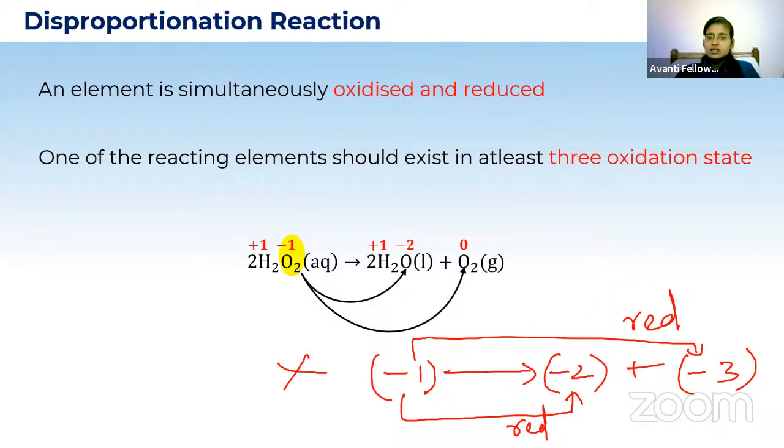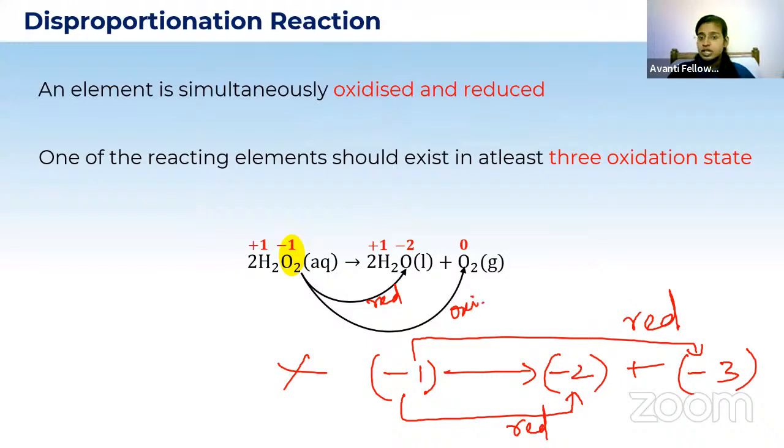Is it clear to all of you? Students, are you able to understand? One should get oxidized, the other one should get reduced. So here it is getting reduced and here it is getting oxidized. Those reactions are called disproportionation.